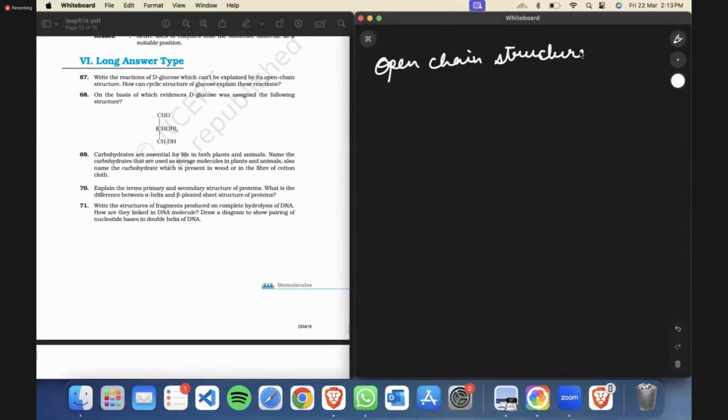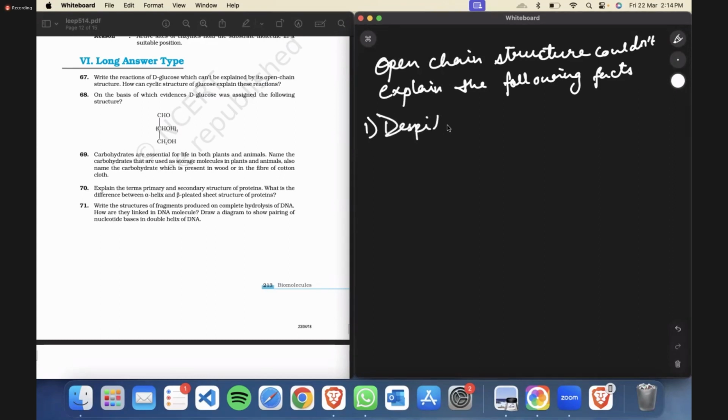The open chain structure couldn't explain the following facts. Number one, despite having an aldehydic group, glucose does not undergo certain reactions of aldehyde.